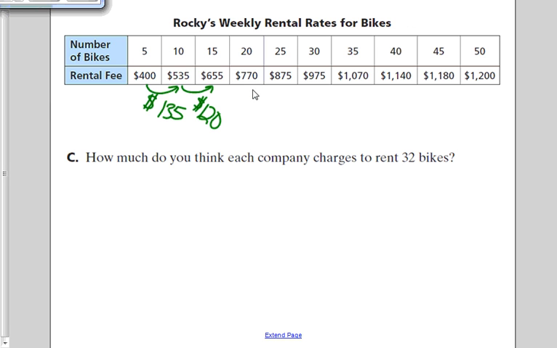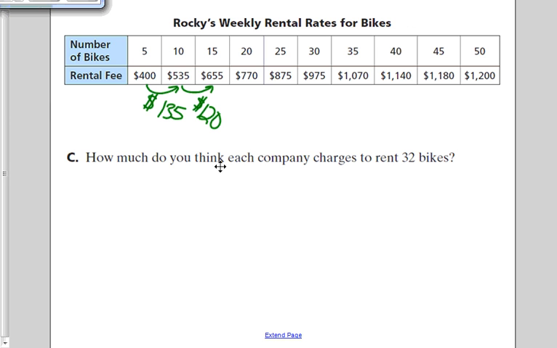770 to 875, that's 105. 875 to 975, that's only 100. And after you continue on, it starts getting into only double digits. This is 95. Then we continue on to only $70 increase after these 5 bikes. Then from 40 to 45, look, it's only a $40 change. And then finally from 45 to 50, you only have to pay $20 more.